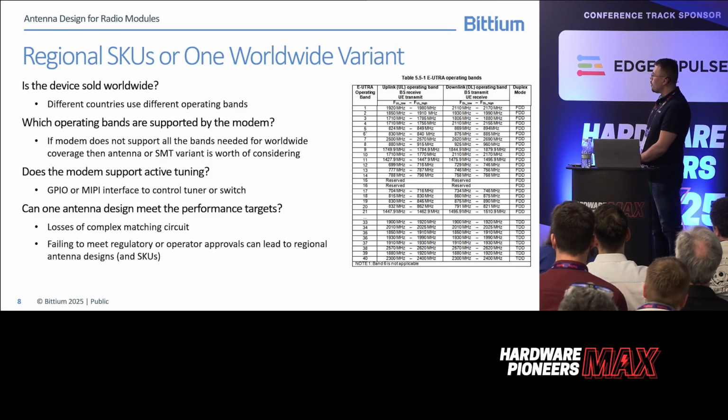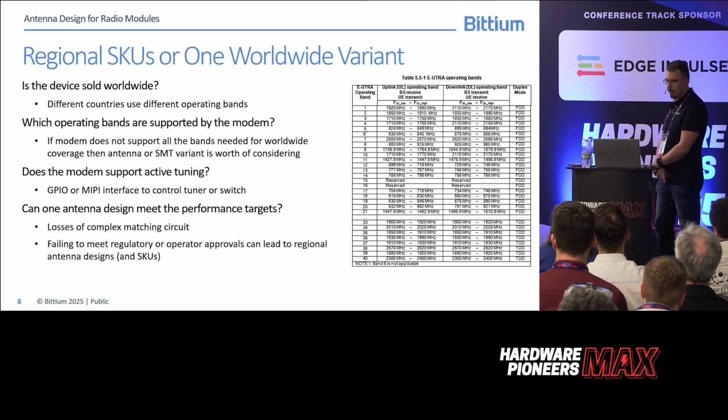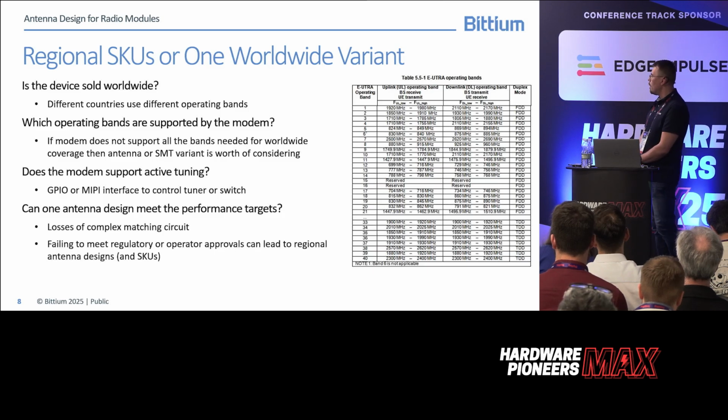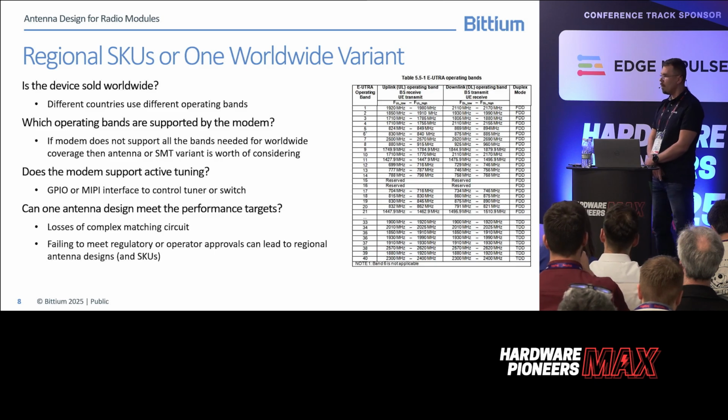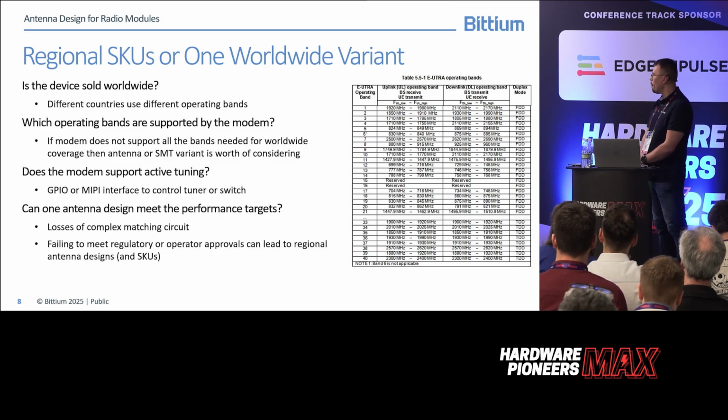For supporting worldwide connectivity, you might think that you can support all the necessary bands with one antenna design, but when you do this, you tend to increase the complexity of the matching circuitry for the antenna, and by doing this, you also increase losses from that circuitry.